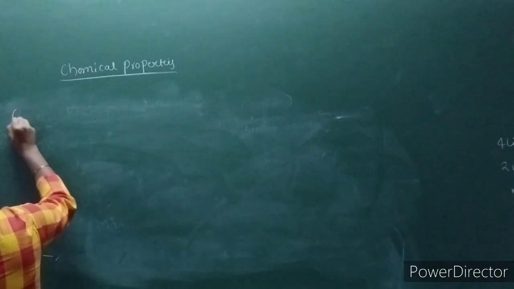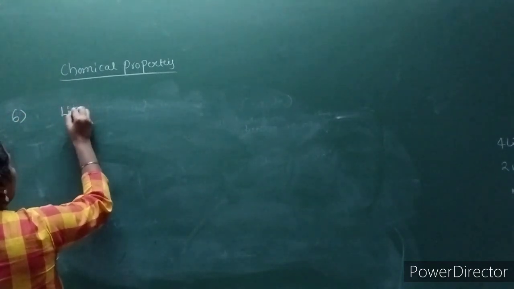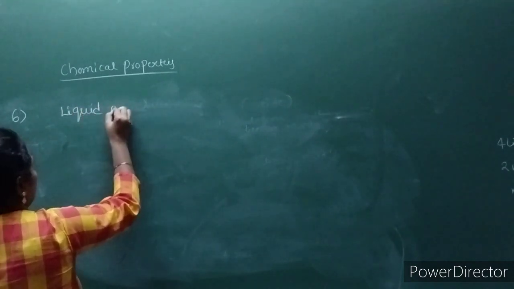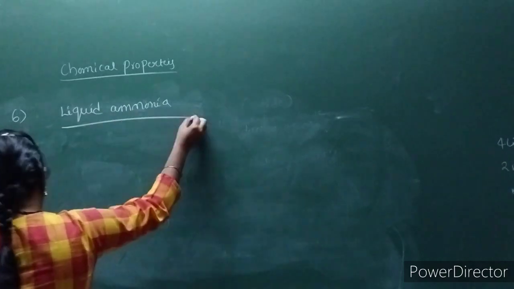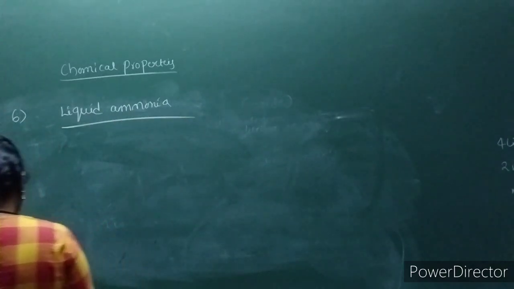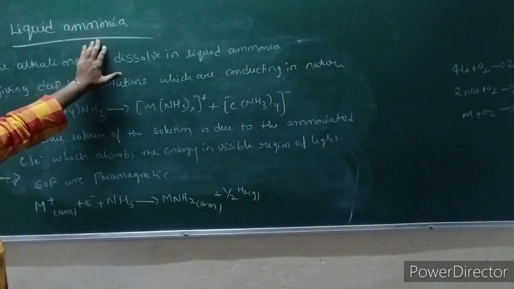The last chemical property shown by the alkali metals is reactivity with liquid ammonia. So next is the reaction with liquid ammonia.